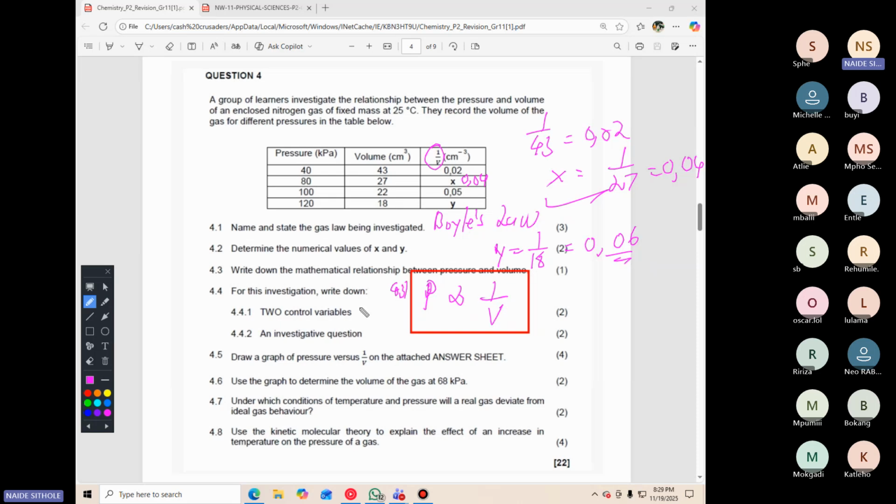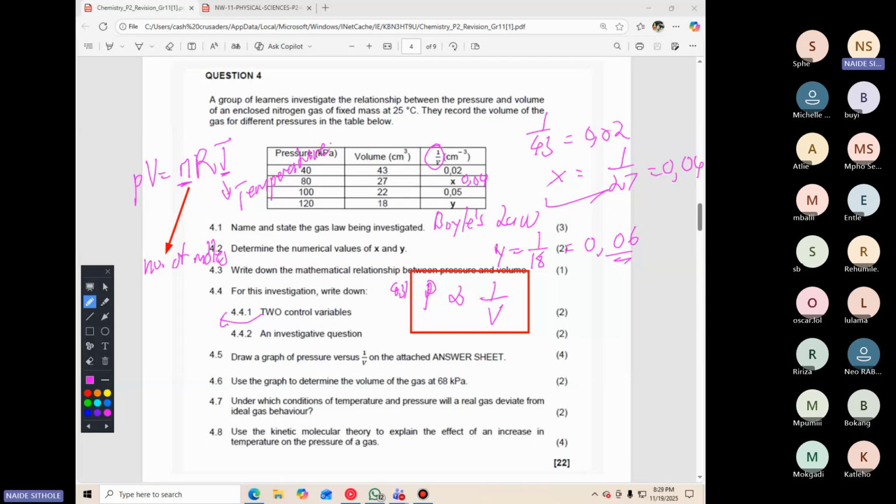For this investigation, write down the 2 control variables. If you want to remember them, remember this formula here. It's your number of moles and your temperature. So n, number of moles, and then T, temperature.